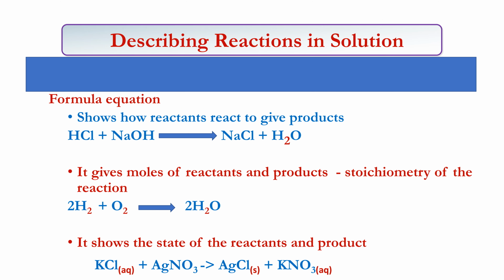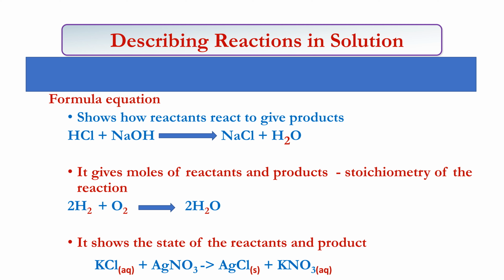Now we look at how to describe reactions in solution. Equations are used to describe what happens during a chemical reaction. Whenever we carry out any experiment in the laboratory, we use chemical equations to describe what has happened. The types of equations used are formula equation or ionic equation.